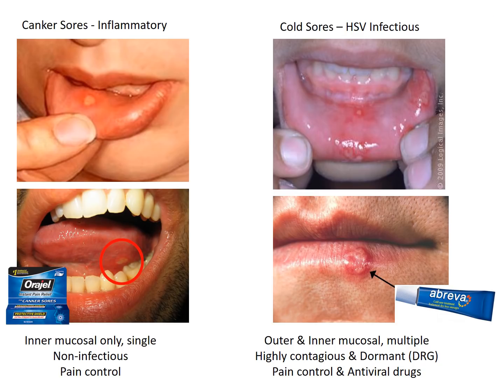All right, a couple other oral pathologies, canker sores versus cold sores. Canker sores are inflammatory and non-infectious. They typically come on as a single painful lesion on the inner mucosa only.